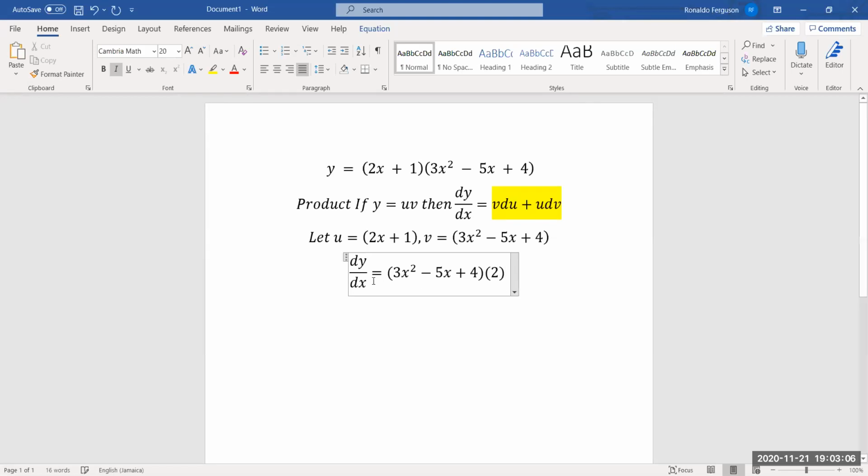Yeah. So now look, in this formula we have our v du, but now we need our plus u dv. Now u is 2x plus 1, and then our dv, what's dv?